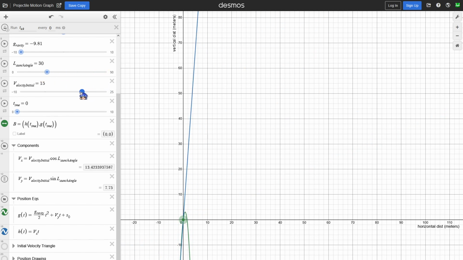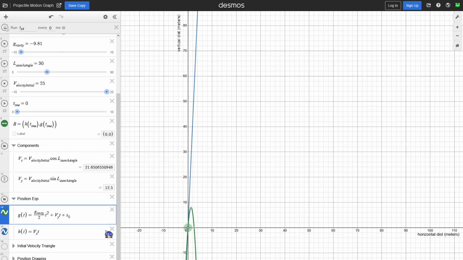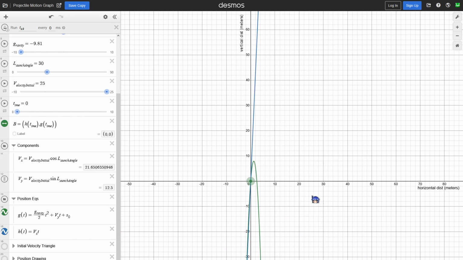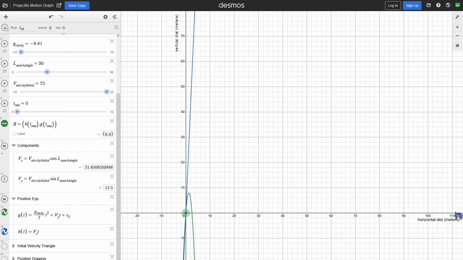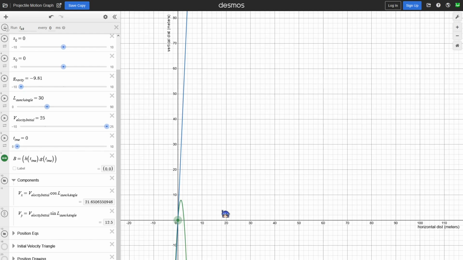So this calculates the height. If you weren't to look at this trajectory, technically the x variable here would be time, and these are modeling. This one models height, this one models distance, but this graph is in meters.